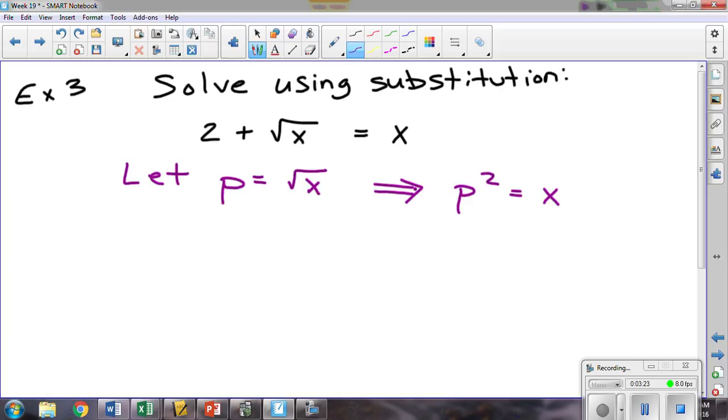This is where we get the substitution. By plugging in these new variables, this problem is 2 plus p equals p squared. Simply rewriting it then gives us p squared minus p minus 2 equals 0.